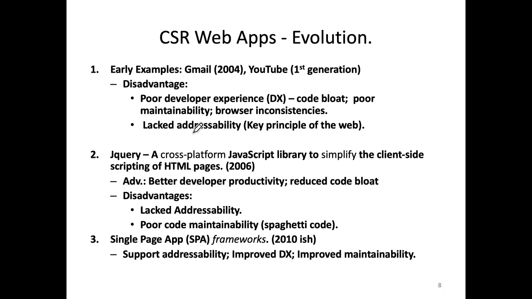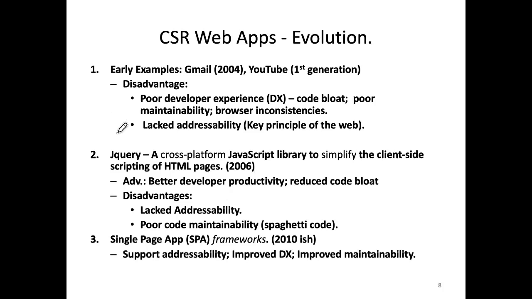Now, with the very first generation of these client-side rendering web apps, we still had hyperlinks available to us, and we clicked on these hyperlinks, but clicking a hyperlink was just something that was intercepted by the JavaScript code, and it did some processing. The actual URL in the browser never changed. So as we moved around different parts of our web app, the browser's URL did not change. And that was considered a weakness, really, of the web app.